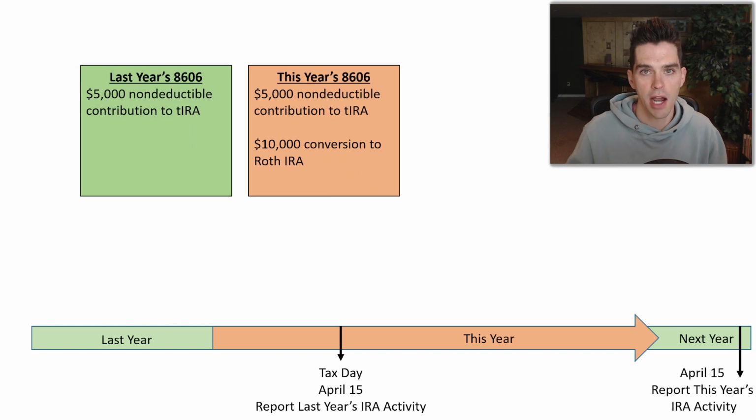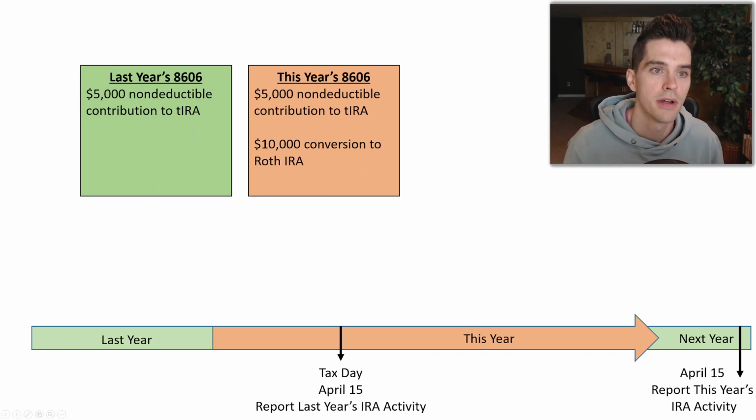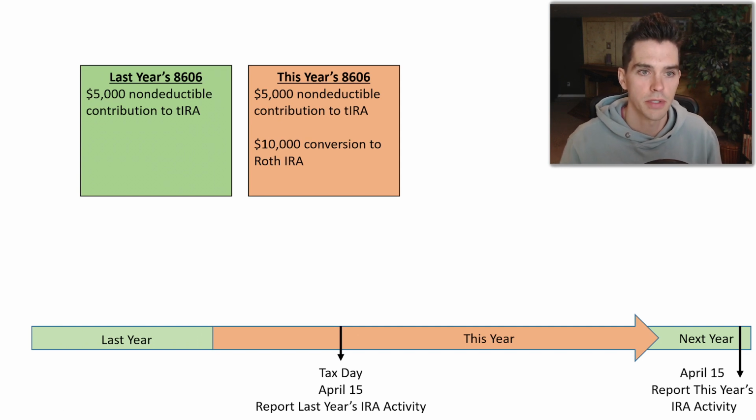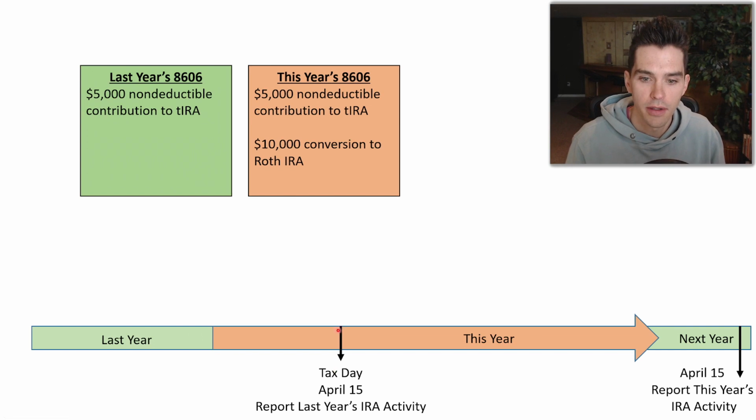If we look at how our Form 8606 will be laid out, you'll have last year's non-deductible contribution to a traditional IRA on the tax return that you're preparing right now, to be reported this April for last year's taxes. But then you're also making this year's contribution and a conversion of the full balance to Roth.